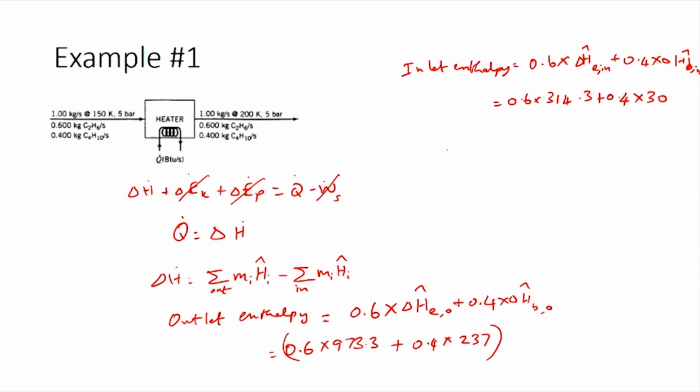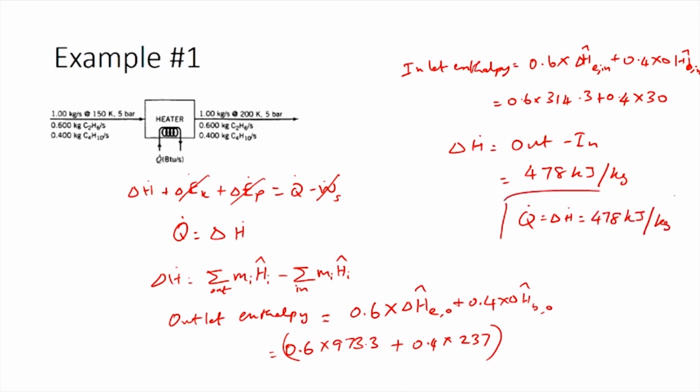So, the difference between the outlet and the inlet enthalpies will be ΔH dot, which would be outlet minus inlet, which is 478 kilojoules per kilogram. So, Q dot, which is equal to ΔH dot, would also be equal to 478 kilojoules per kilogram. So, this would be the amount of heat which needs to be supplied to the system.